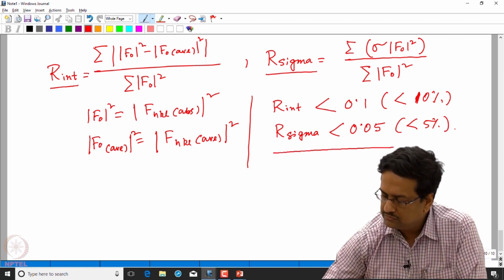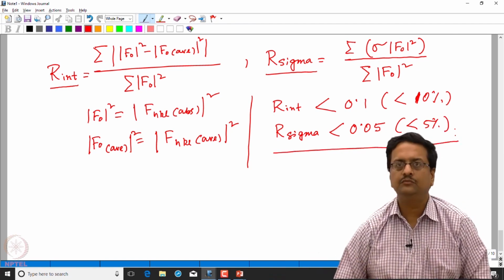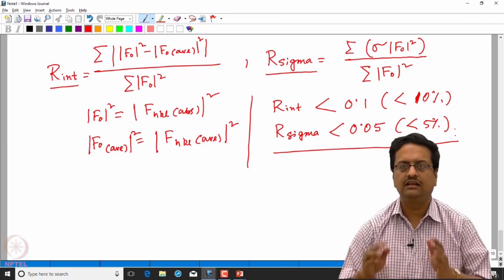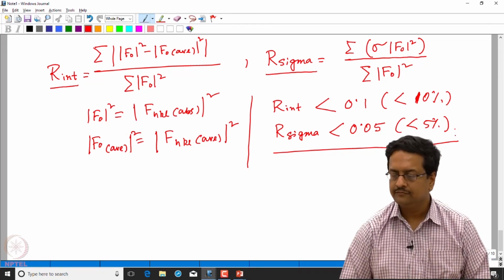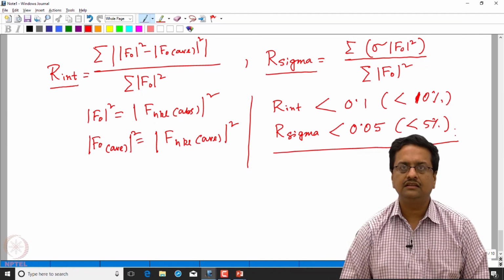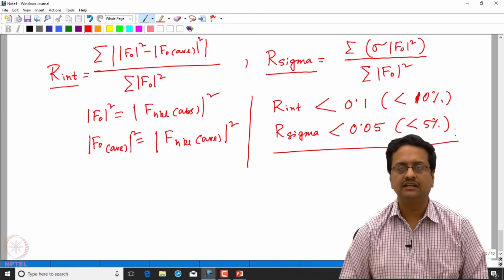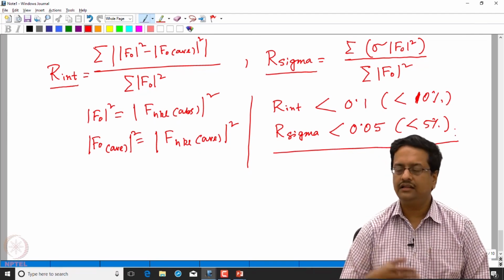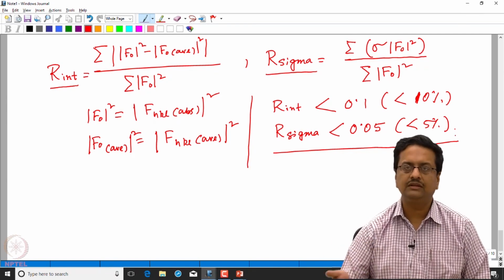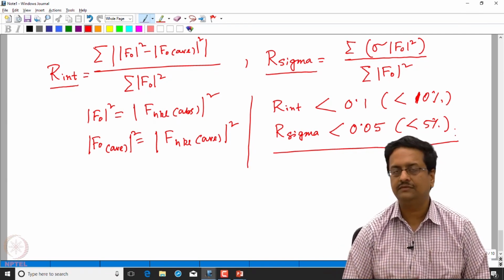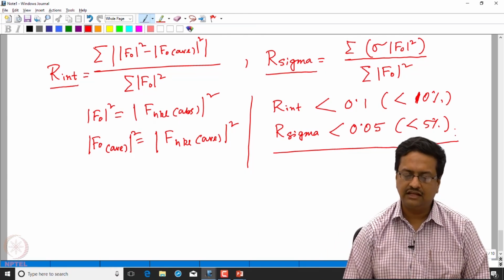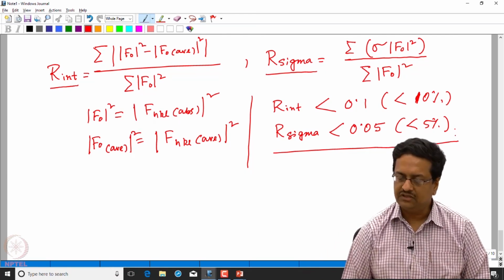These two indicators are very important. One has to look at these two indicators at the end of data reduction to identify the quality of the data. If we see that R int is very high, like maybe 20% or 18% or 25%, that indicates there must be something wrong.